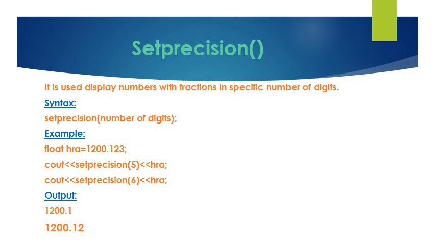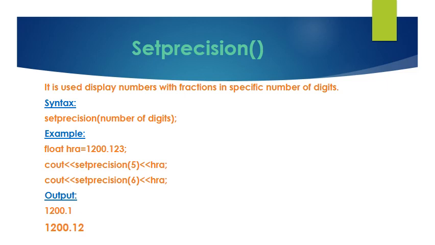Here we have assigned the floating point variable HRA as 1200.123, and the next cout will display the given digits in 5 digits because we have set the setprecision as 5.